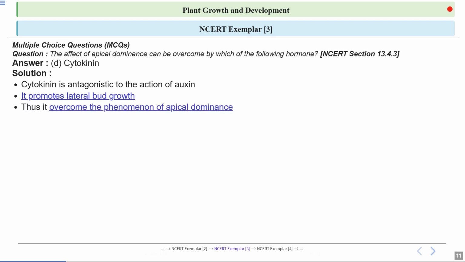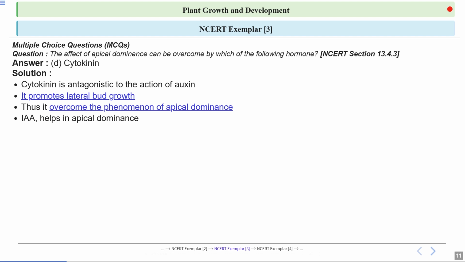So this ability to overcome the apical dominance is very crucial for certain plant growth strategies, especially when a fuller plant structure is desired, right? Now, indole acetic acid, a type of auxin, supports apical dominance by encouraging upward growth.